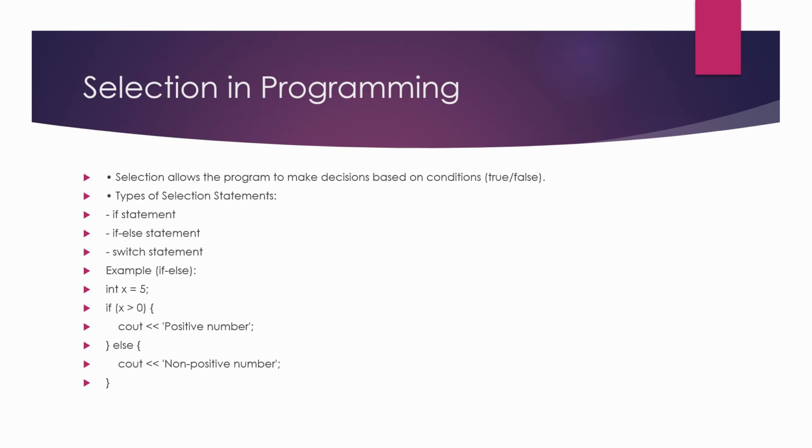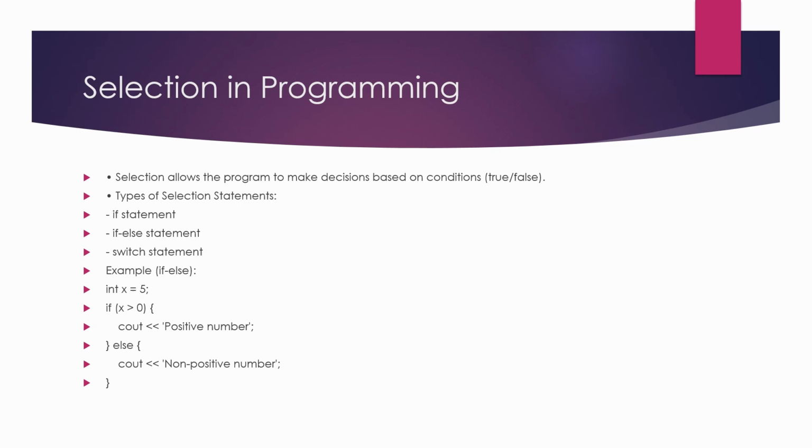Next, we have selection. Selection allows your program to make decisions based on certain conditions. In programming, we use conditional statements to select the path of execution. The most common ones are if, else, and switch statements.